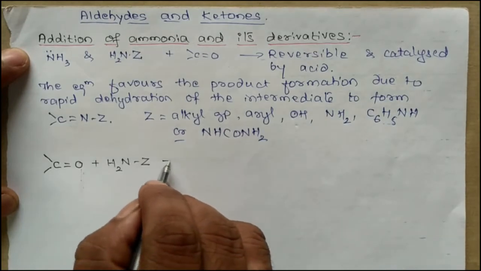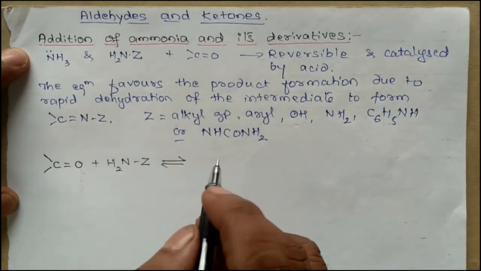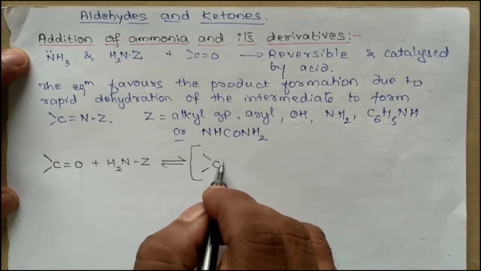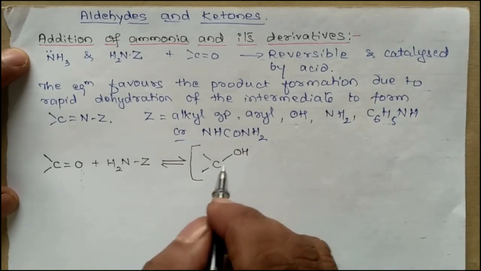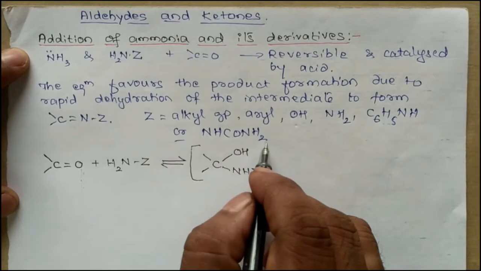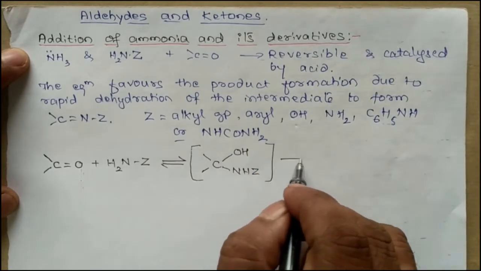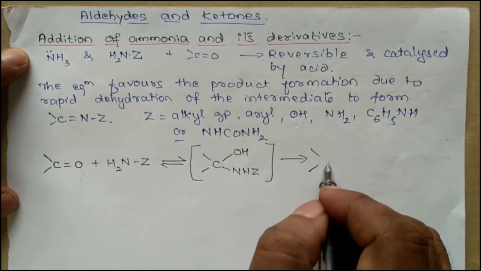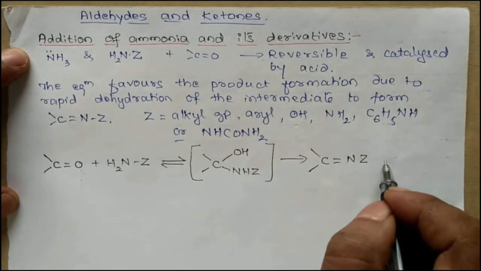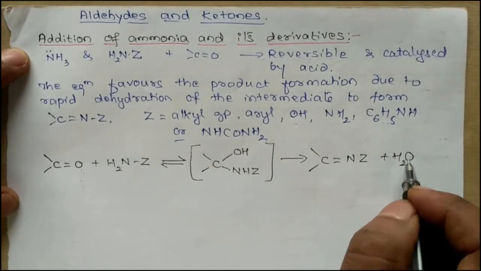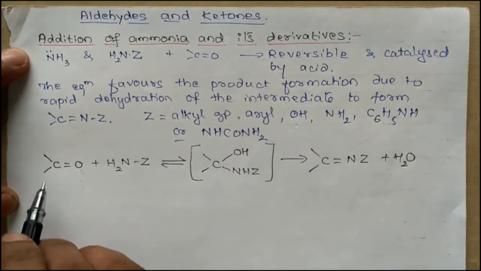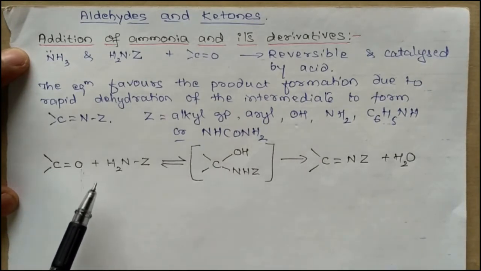We get a reversible reaction and an intermediate compound, C with OH and NHZ. Then we get stable products such as C double bond NZ plus H2O. This is the general reaction of the addition of ammonia and its derivatives.